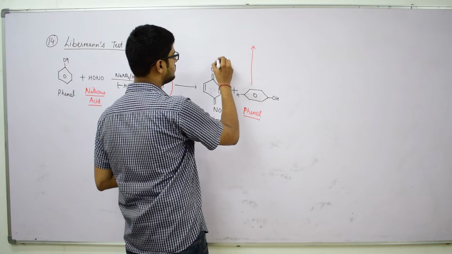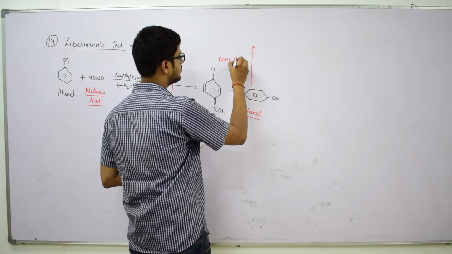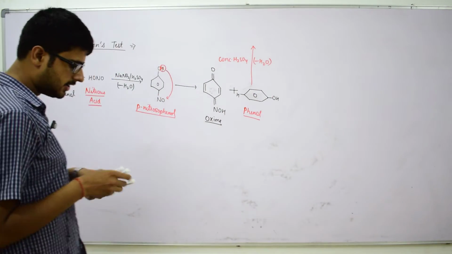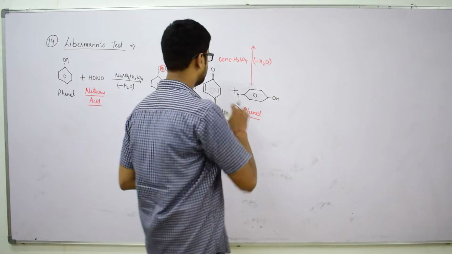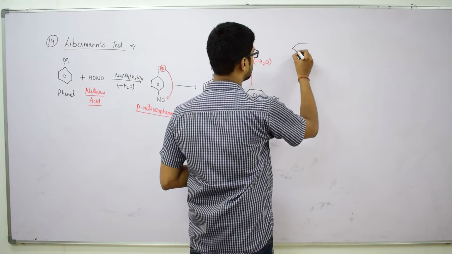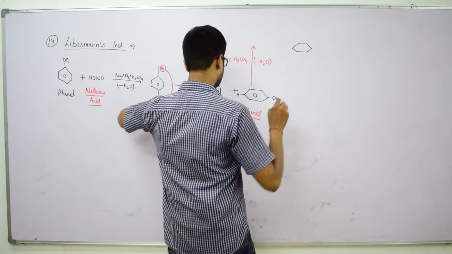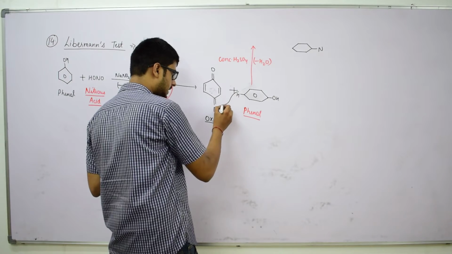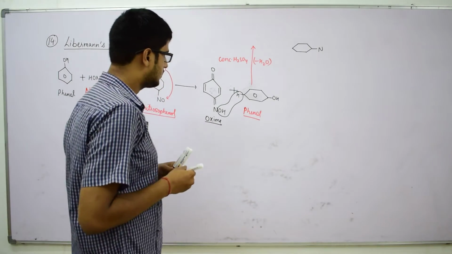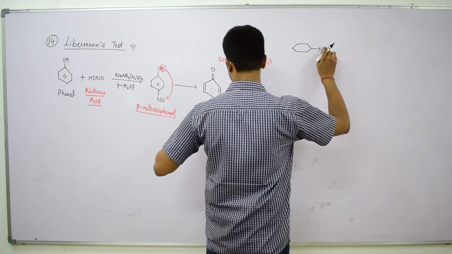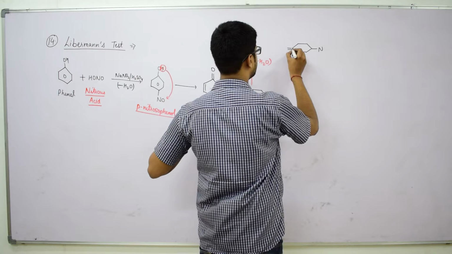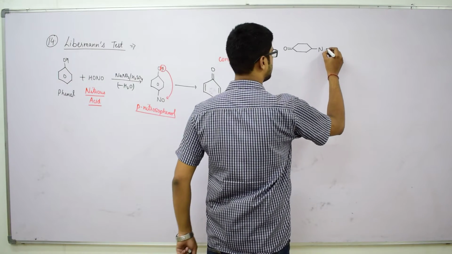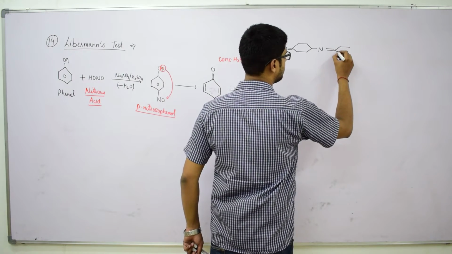This reaction is treated with concentrated sulfuric acid. So, a water molecule will be eliminated because concentrated sulfuric acid is a dehydrating agent. This is oxime, and from this nitrogen atom, the water molecule will be eliminated. So, this is the nitrogen atom, here the oxygen atom is already present, and it will be bonded directly to this phenyl group.